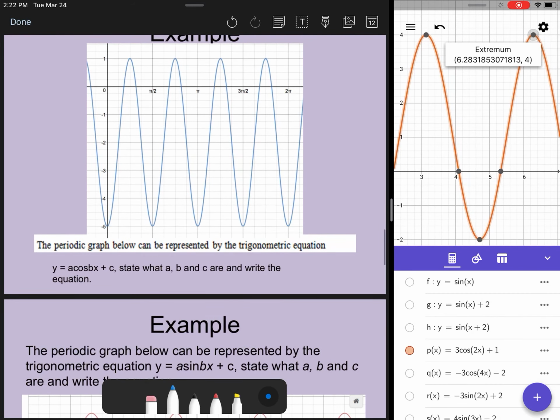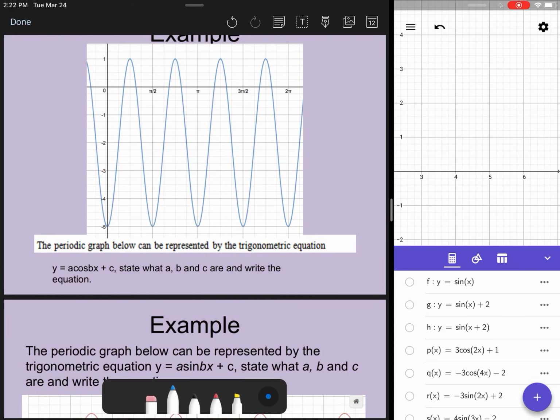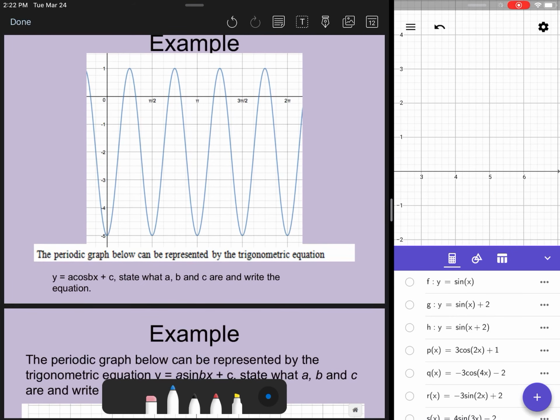Next example we have here, we're going to do the same thing. y equals a cosine bx plus c. Again, I want to find that midline. Looking at this, your eyes can really kind of tell you where the midline is.